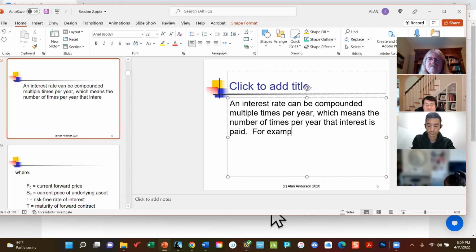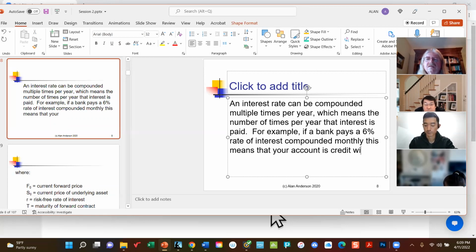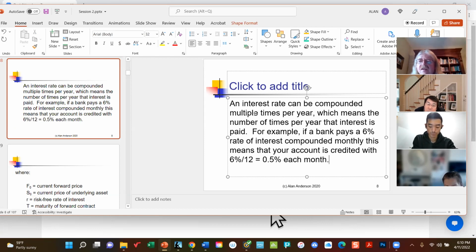So for example, if a bank pays a 6% rate of interest, but compounded monthly, this means that your account is credited with 1/12 of that, sorry, 0.5% each month. In other words, instead of waiting to the end of the year to provide you with interest based on your balance, every month you're being credited with 1/12 of the annual rate of interest. In other words, 6% divided by 12 is 0.5% per month. So we say that the interest is compounded monthly.